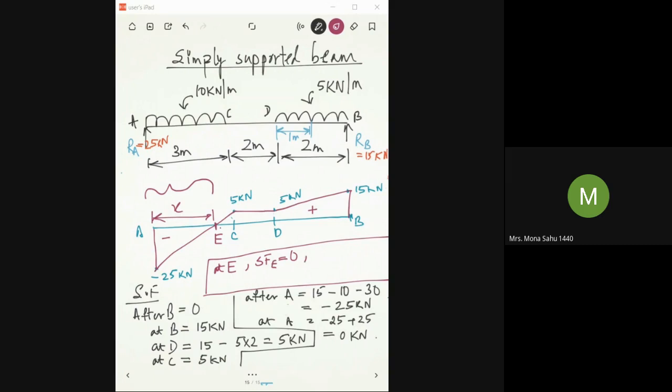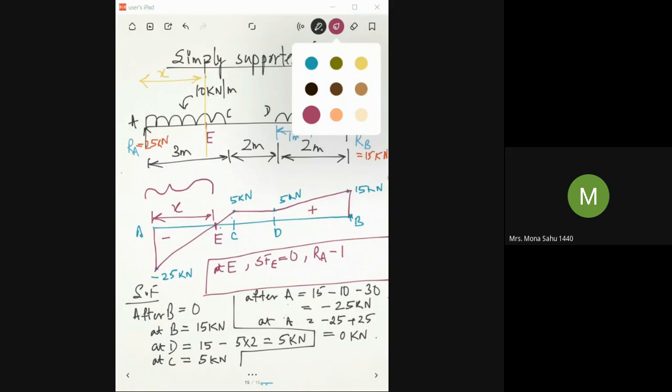You will have RA, which is a positive force, minus 10 multiplied by X equal to 0.